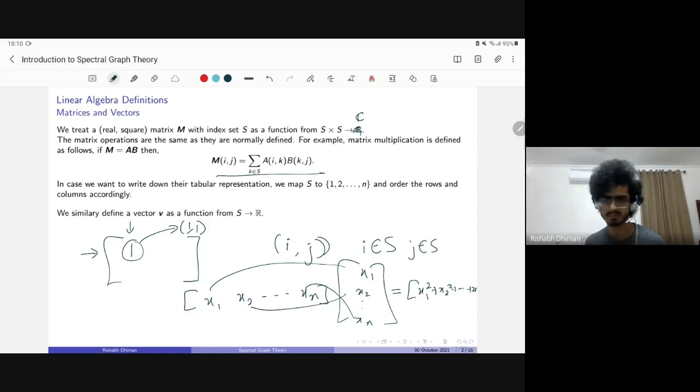Ran out of space, but this is just because of how you define matrix multiplication. So if you have say a 1 by n vector, then if you multiply it with its transpose, you will get a 1 by 1 matrix.